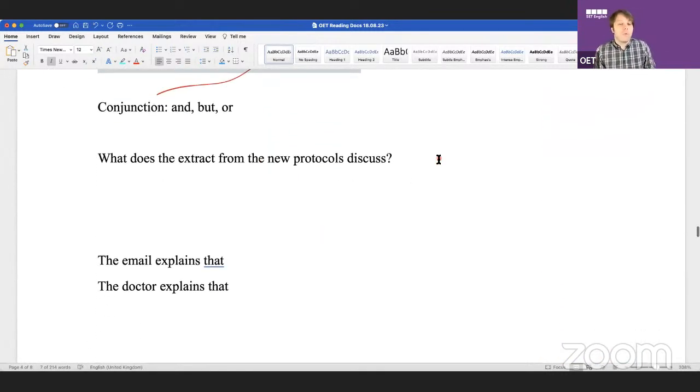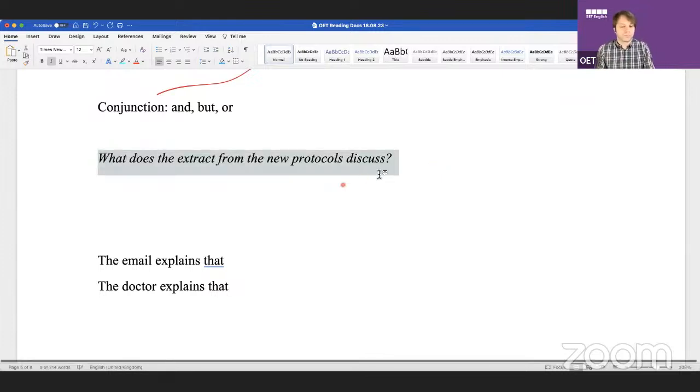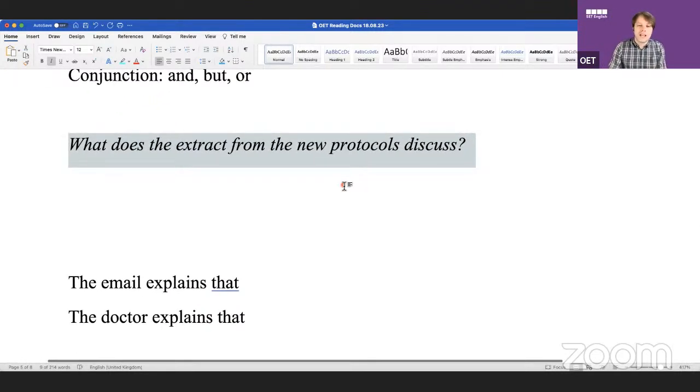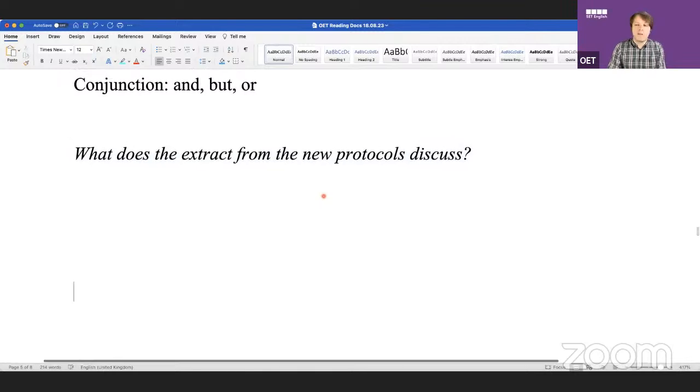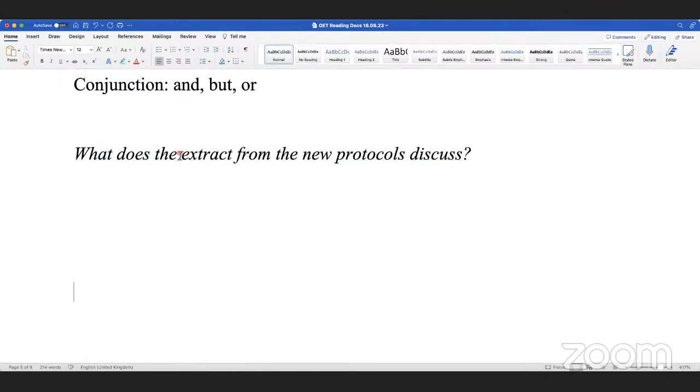Okay, what about this one? What does the extract from the protocols discuss? What can I remove, everyone? Is there an auxiliary, a primary auxiliary here? Does. Yes. We don't need it.